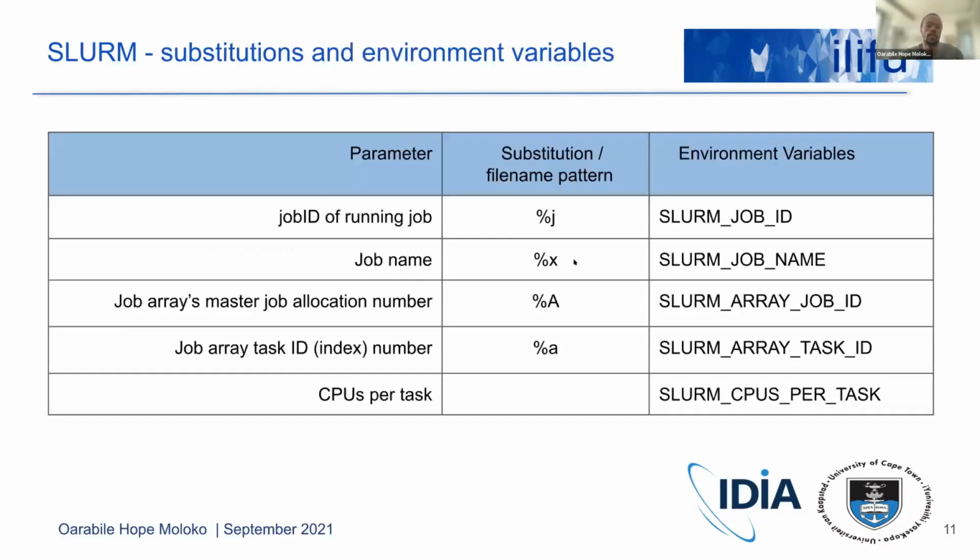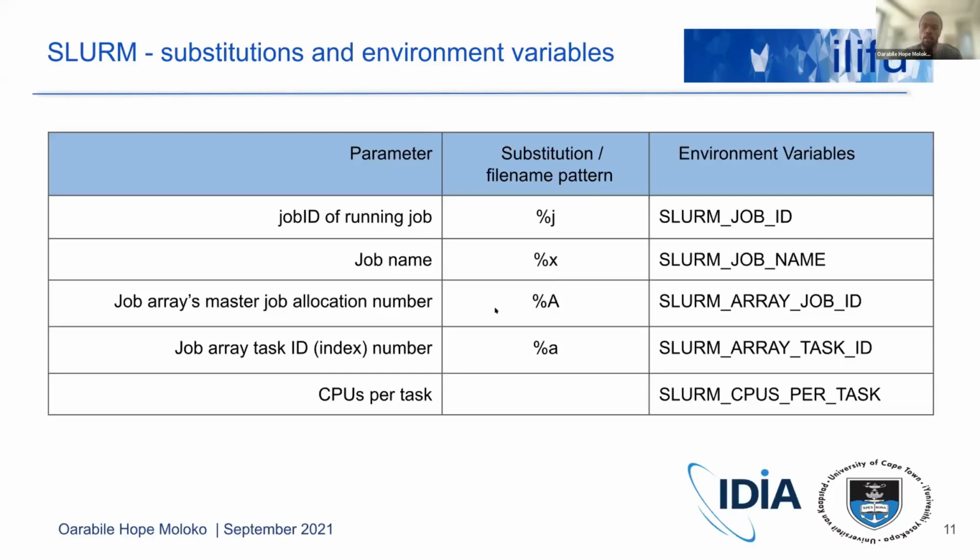Then here I show the different referencing used for variables within SLURM: the substitutions and environment variables. The substitutions are used within the sbatch script, for naming your logs or whatever result files you get from the job. So you output your errors, and they will have conventional naming relating to the job that you're running.